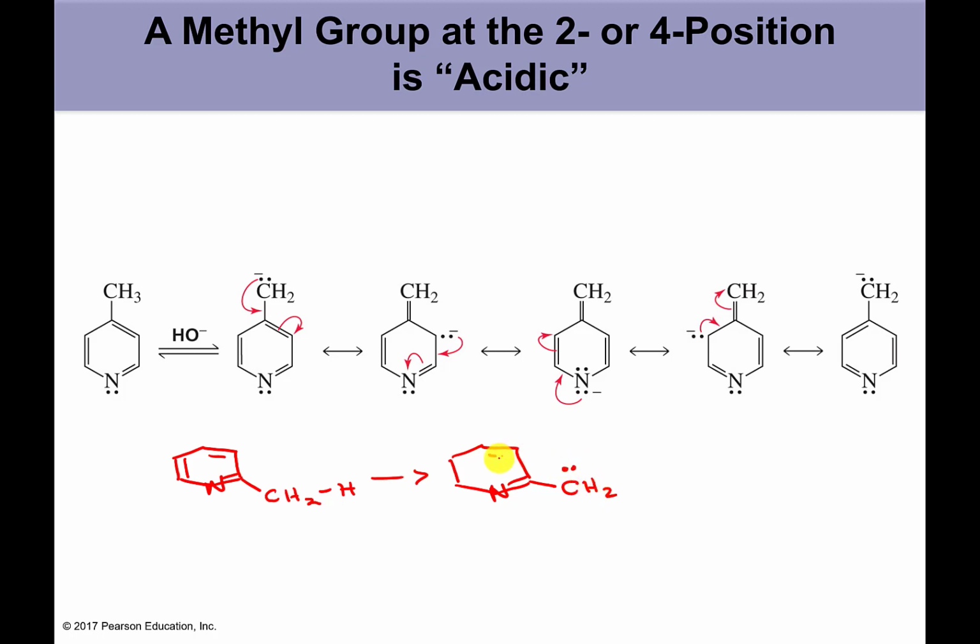But just like enolate reactions, if you want to force it to be 100% deprotonated, you'll have to use a much stronger base. But this negative charge, just like it does in this structure here, gets distributed onto the nitrogen, like this.